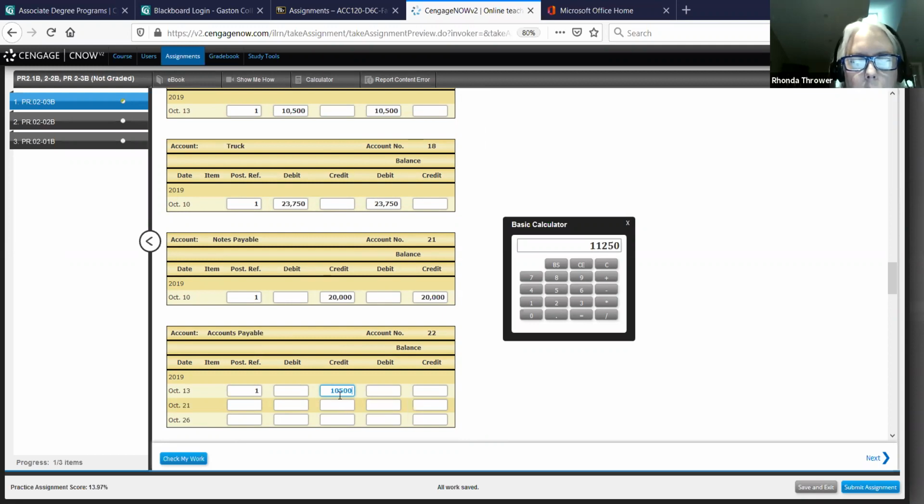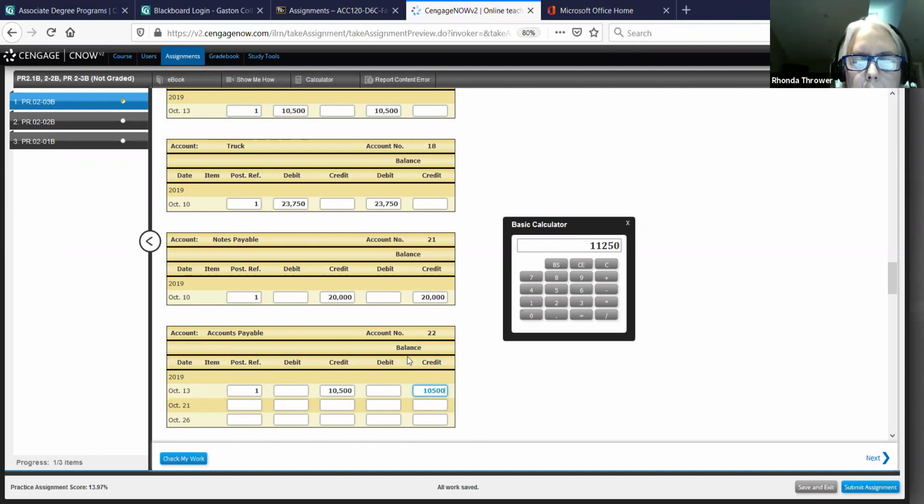Your accounts payable is copied from the credit in the journal. Accounts payable is a liability. It increases on the credit side.